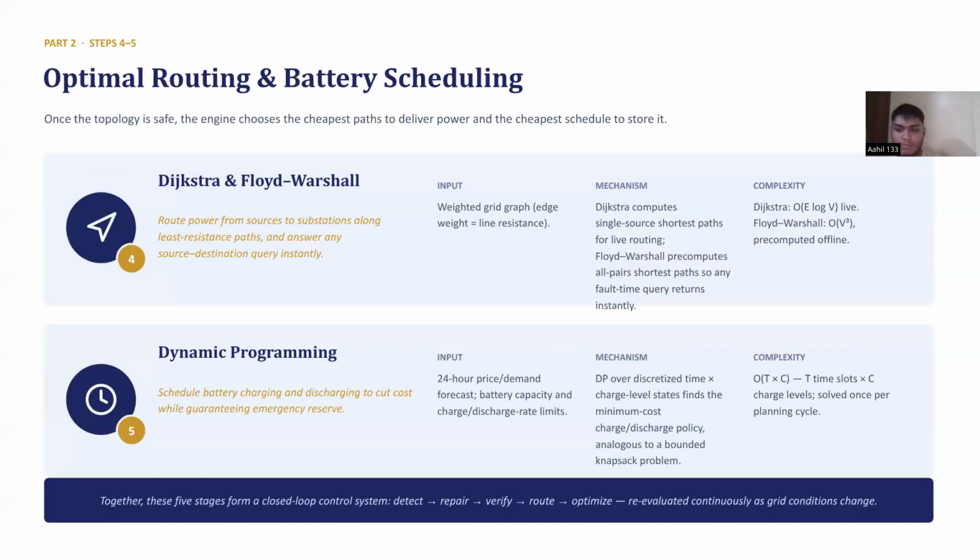So these 5 stages together form a closed loop control system which detects, repairs, verifies routes, and optimizes the grid conditions in real time.